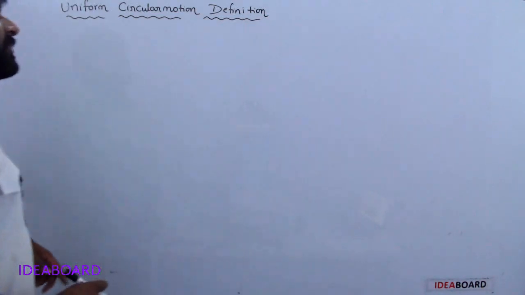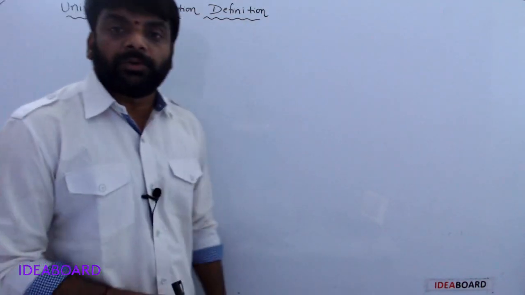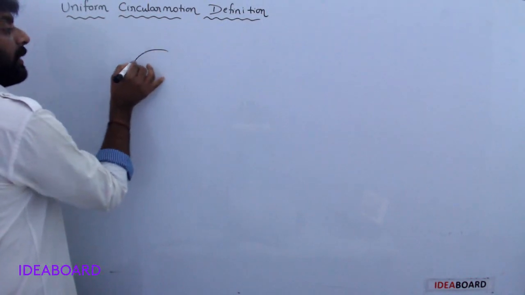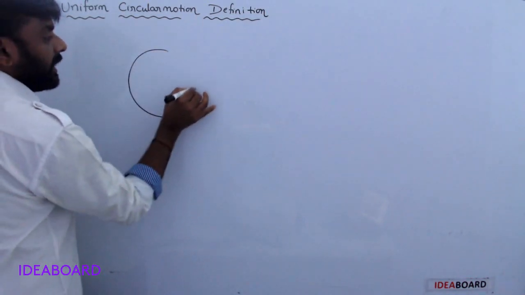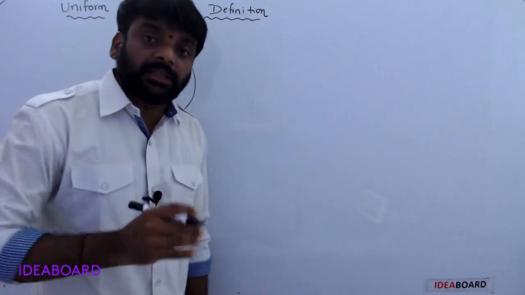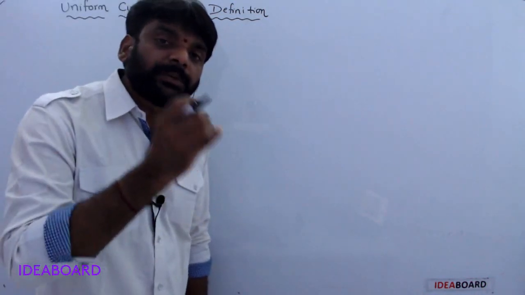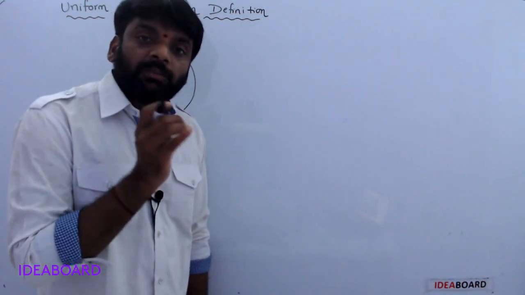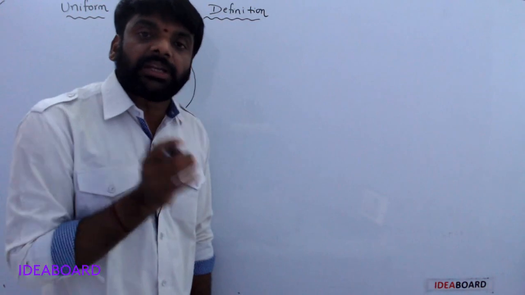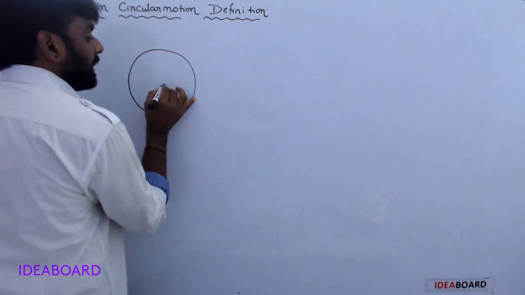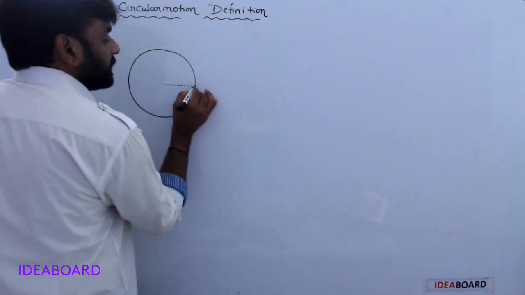So next, uniform circular motion definition. See, if one particle rotates in a circular path with a constant speed, that particle motion is uniform circular motion.